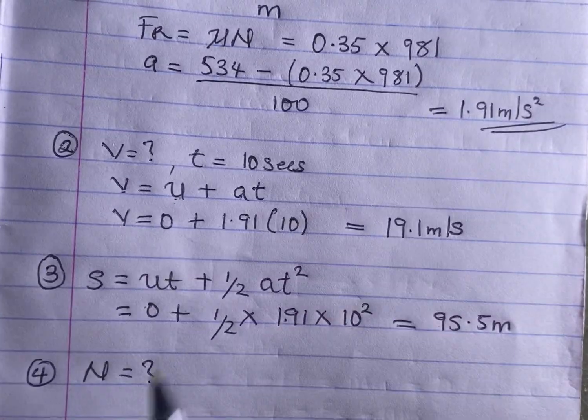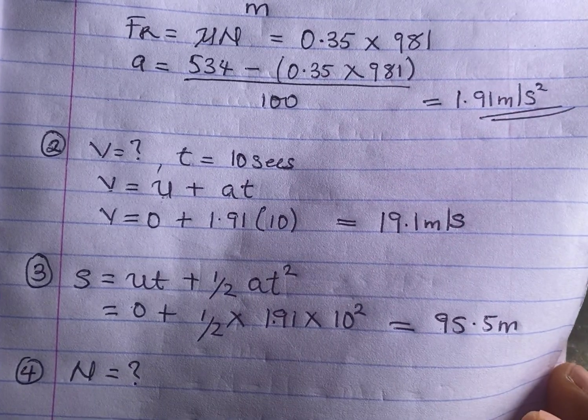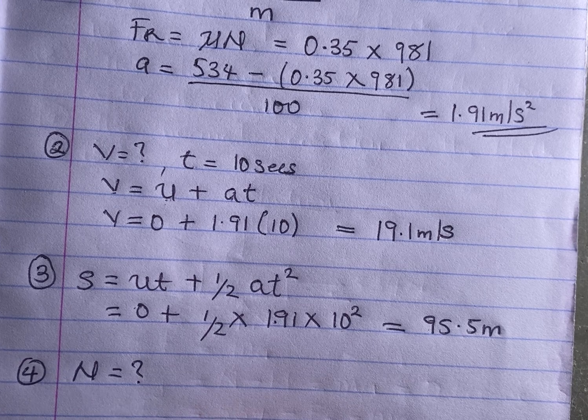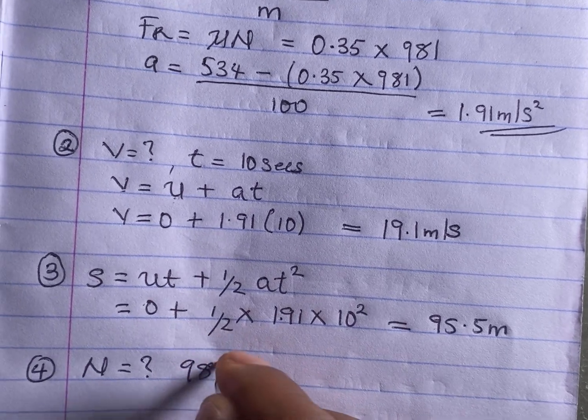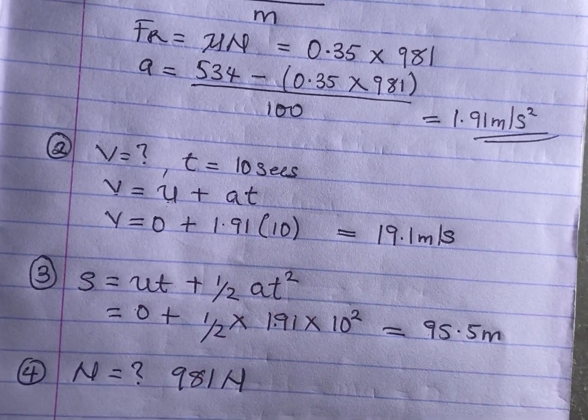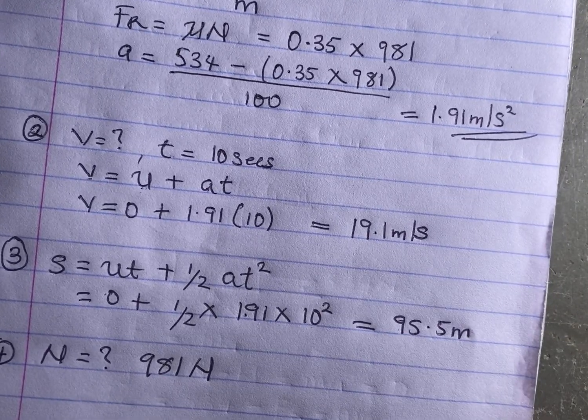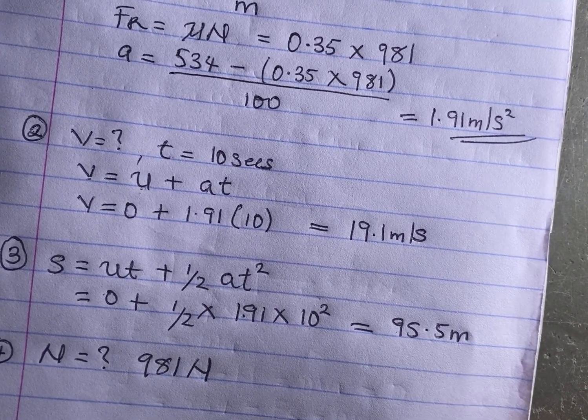And now they are asking you again, what is the normal reaction on the block? Are you solving anything else again? No. So our normal reaction is 981 Newton. So it is very easy to solve mechanics problems if you understand them from first principle.